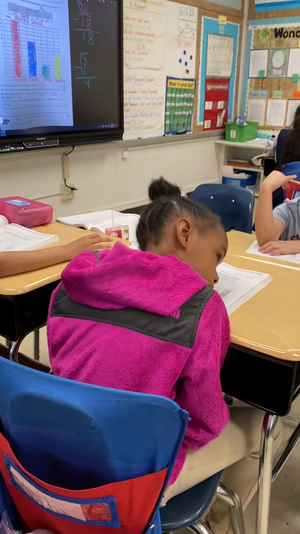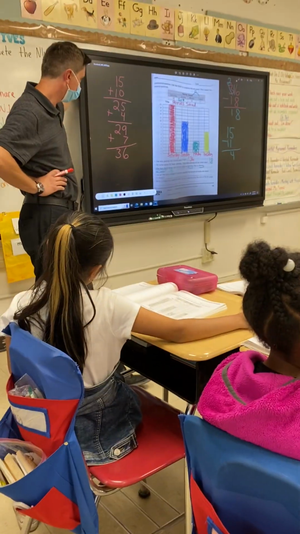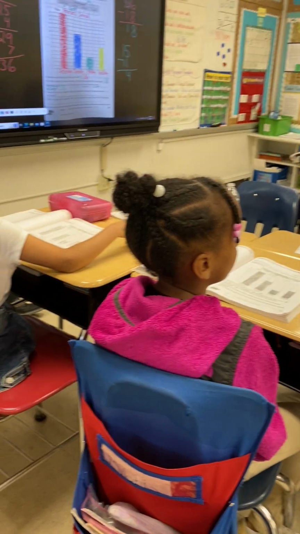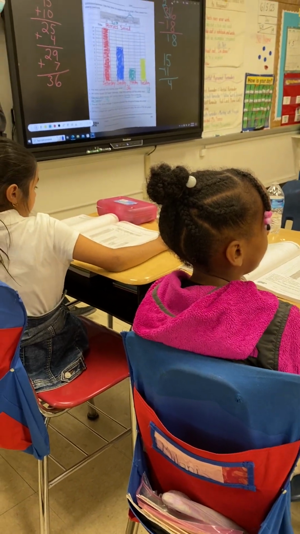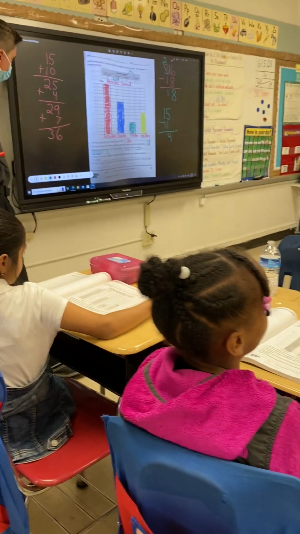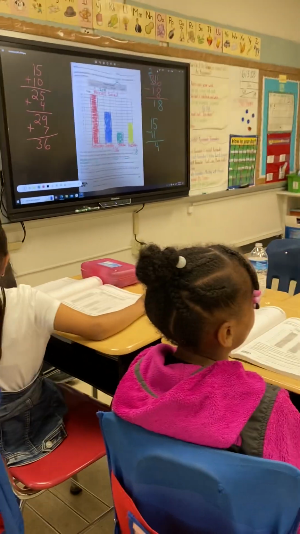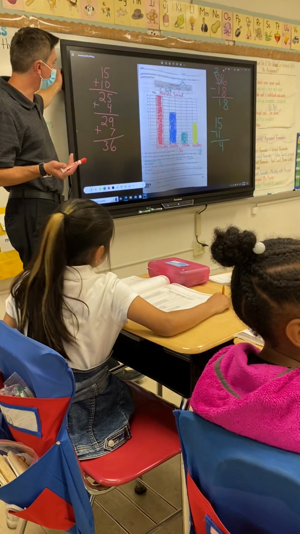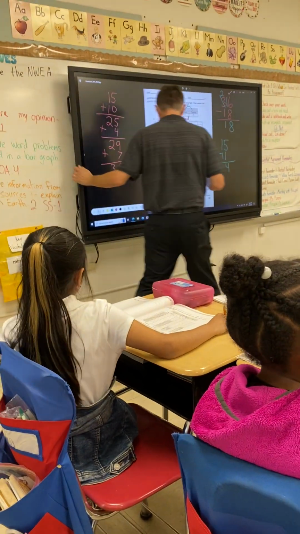Who thinks they know how to answer that? How should we write that up? How should we answer that question? Maya, how would you answer it? Let's just say she will save 20 cents on Sunday.